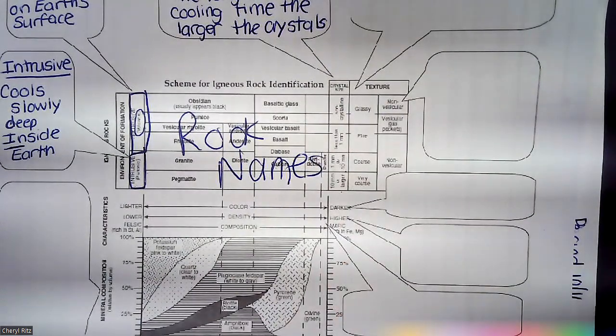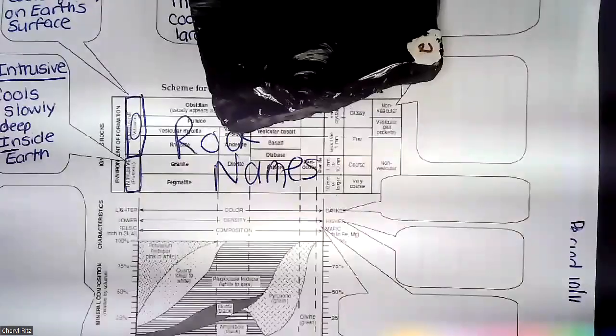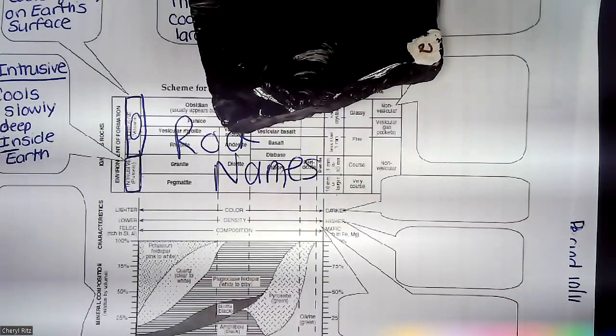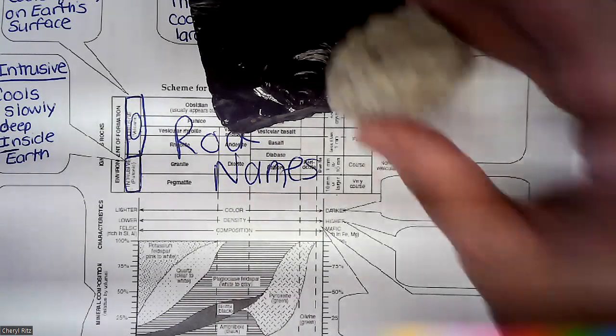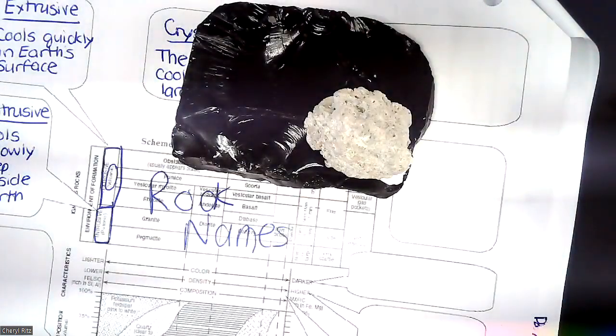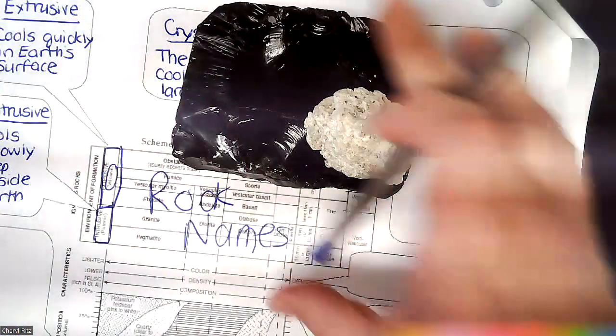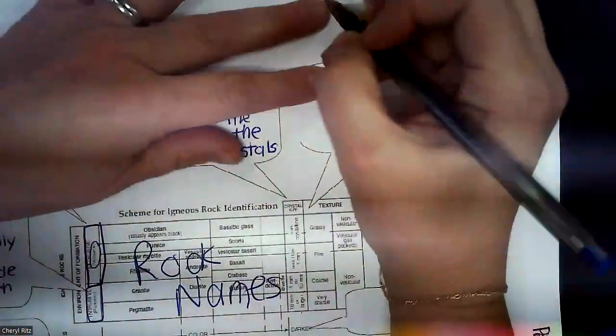So yes, this one is glassy. It looks like glass. That's helpful. But this one is also glassy. Now, does that look like glass to you? It does not. So what does it mean again to be glassy? No crystals. And that's what we're going to list right here.